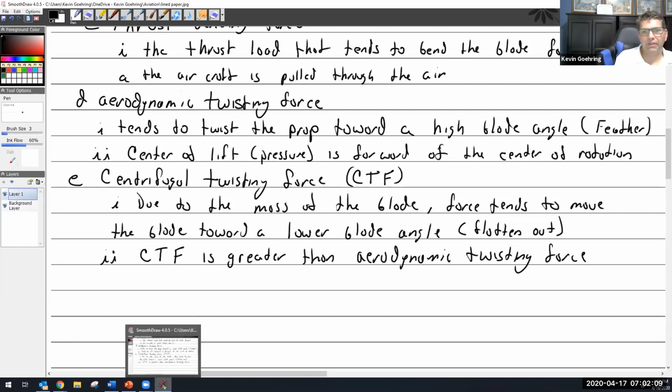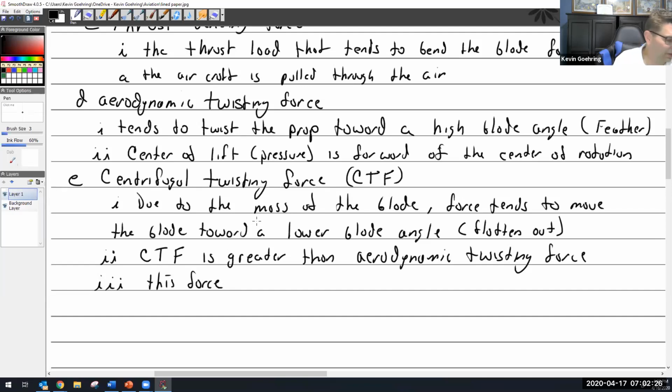So the centrifugal twisting force is always going to be the most pronounced force that we are going to consider quite often. So this force is used to operate constant speed props.